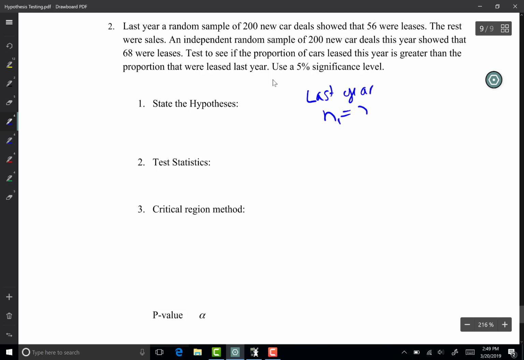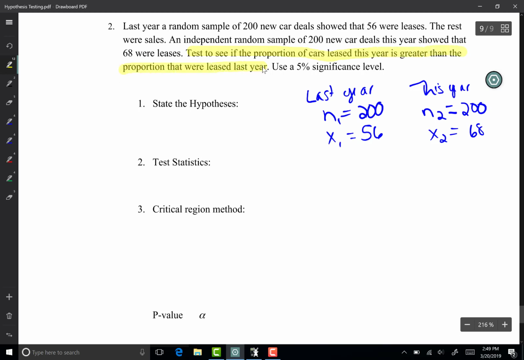Okay, so let's do last year and write our information here. We had a sample of 200 and our x was 56. We have no means and no standard deviations. So this year, we had a sample of, again, 200, and our x was 68. So the question here is, test to see if the proportion of cars leased this year is greater than the proportion that were leased last year.